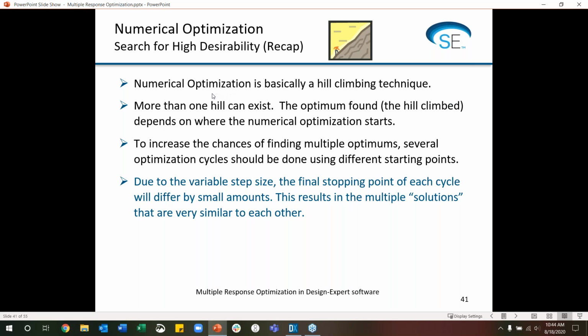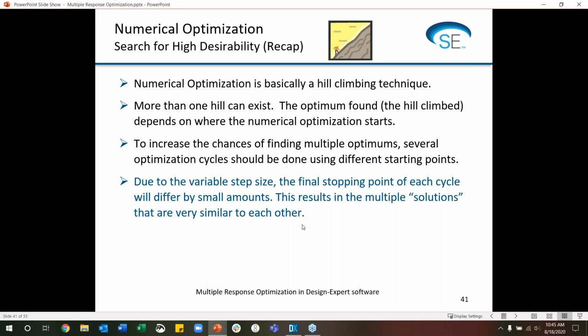Again, numerical optimization is basically a hill climbing technique, and we can have more than one hill. And due to the variable step size, the final stopping point of each cycle will differ by small amounts. And this results in multiple solutions that are very similar to each other. And this should not give you grief.